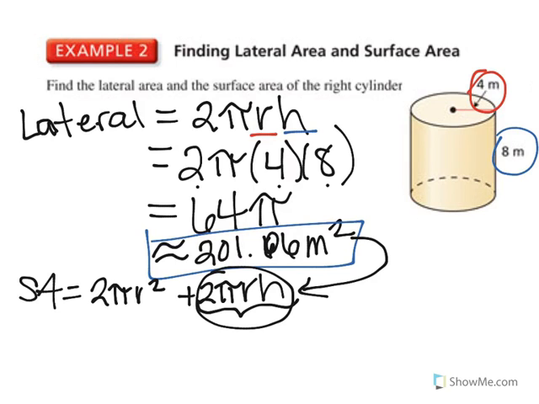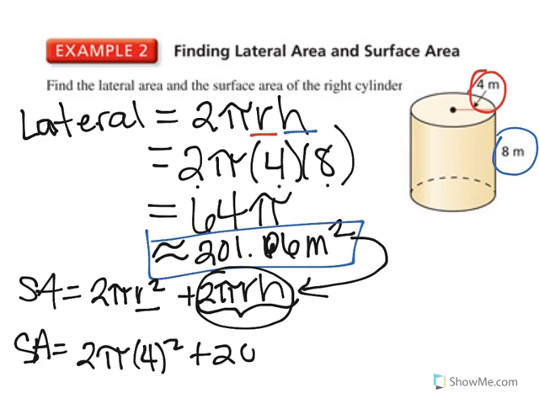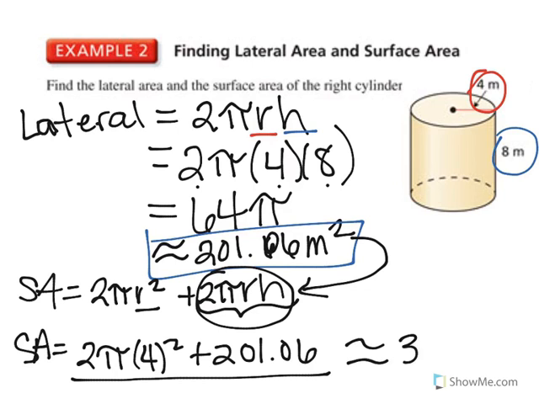Okay, so we know that our radius is 4, so our surface area is 2 pi 4 squared plus 201.06. And you can go ahead and plug that into your calculator, and you get about 301.59 meters squared. So that's your total surface area.